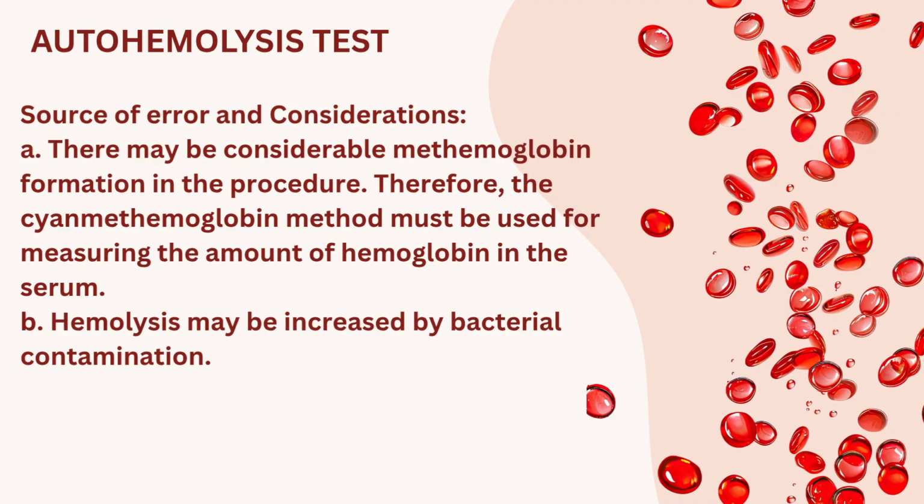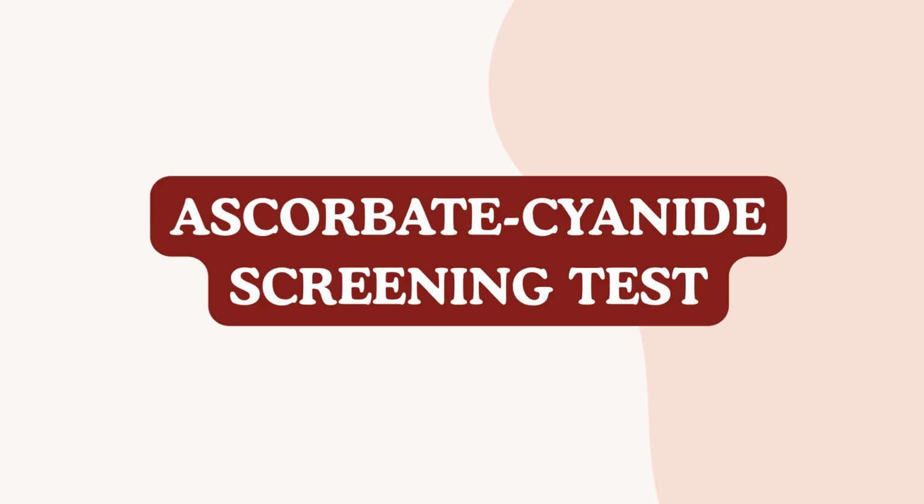So sources of error and considerations: there may be considerable methemoglobin formation in the procedure. So the cyan methemoglobin method must be used for measuring the amount of hemoglobin in the serum. Hemolysis may be increased by bacterial contamination. Next, let's go to the ascorbate cyanide screening test.